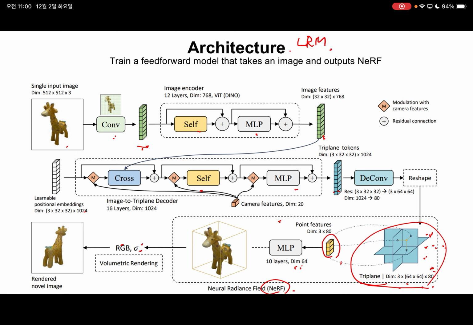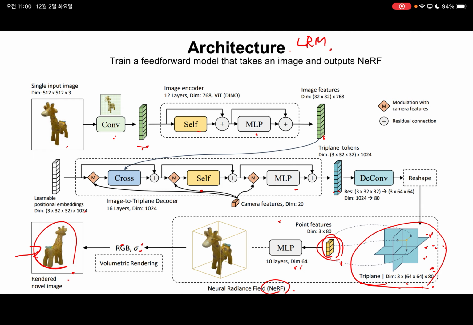First reconstruct the triplane, and then this process is differentiable. Just bilinear interpolation, concatenation, all these processes are differentiable, so the loss function is calculated on this side. We know NeRF is optimized with image loss.